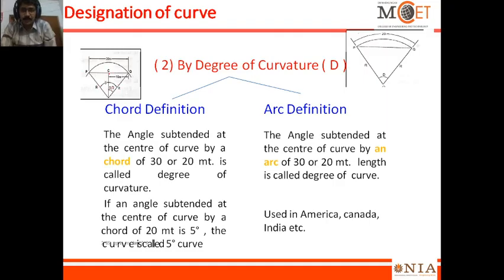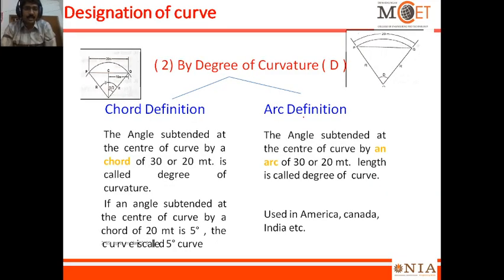This portion is 10 meter for a 20 meter chord, and 15 meter for a 30 meter chord. So the angle subtended at the center of the curve by a chord of 20 or 30 meter is called the degree of curvature. If the angle subtended by a chord of 20 meter is 5 degree, then the curve is called a 5 degree curve.